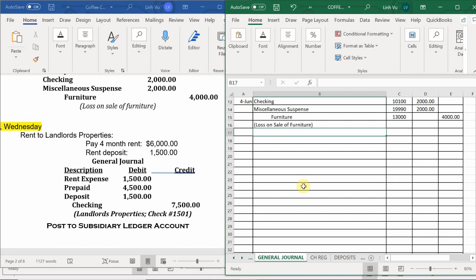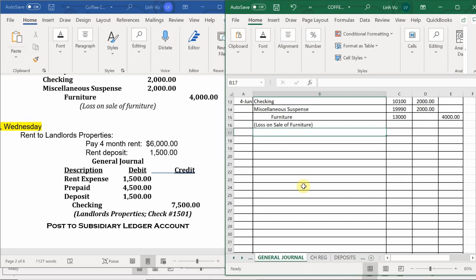Since we're paying for 4 months, including the month of June, we need to understand that we must split it up so we have enough money for the current month, and then enough money for the next few months. And of course, in most cases, rent deposits, they usually ask for a month in advance for the deposit.